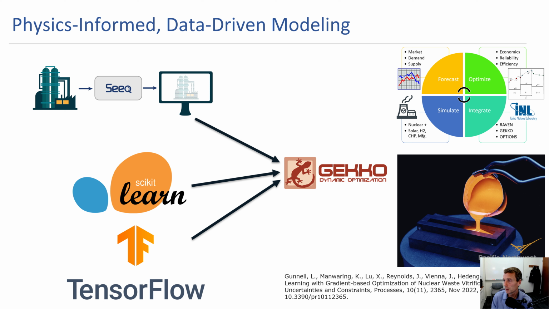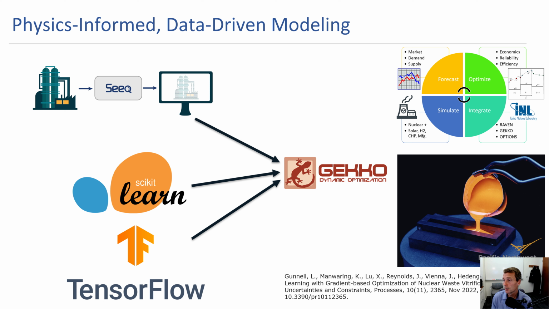And we're also working with Pacific Northwest National Labs on vitrification of nuclear waste and using machine learning in the optimization code to be able to help to optimize the waste loading within the glass. Also working on a Department of Energy project.